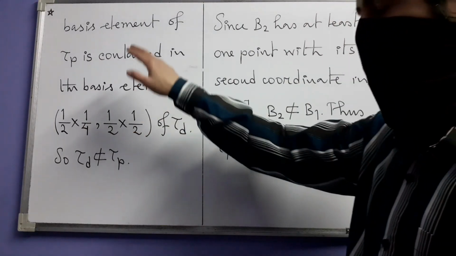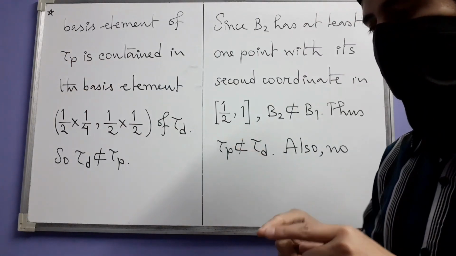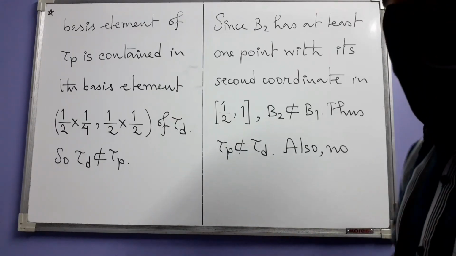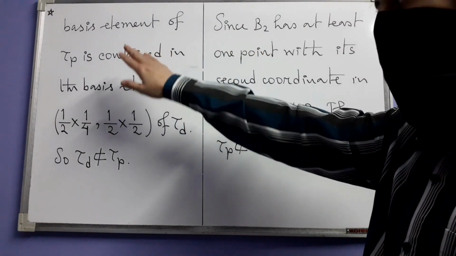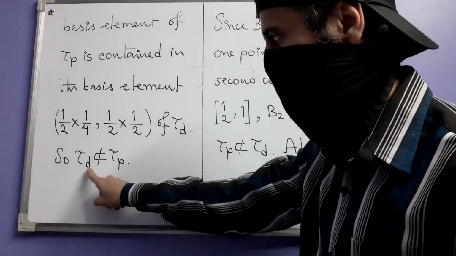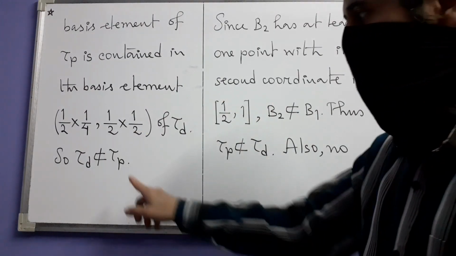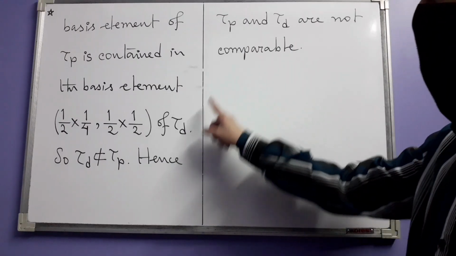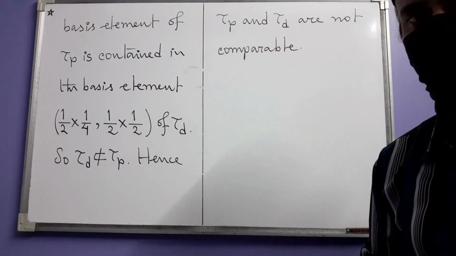And recalling what type of basis elements tau P has, all those basis elements have some positive area inside of those regions. This, however, is a single vertical line. So no such basis element can be contained in this. And as such, the dictionary order topology is not coarser than the product topology, or the product topology is not finer than tau D. Hence, the product topology and the dictionary order topology are not comparable.